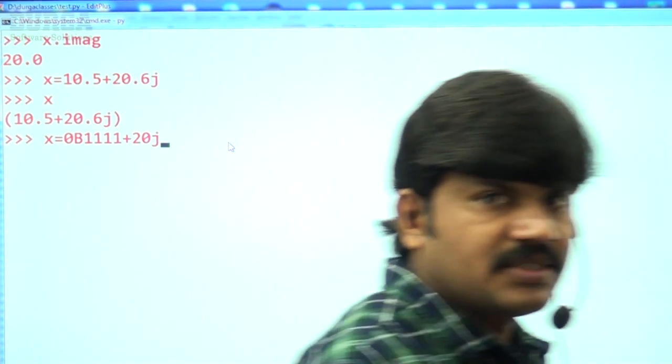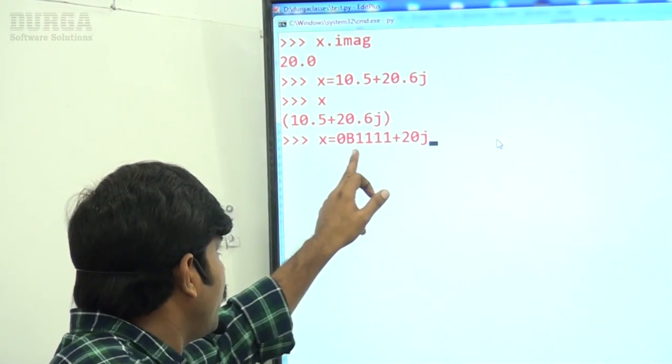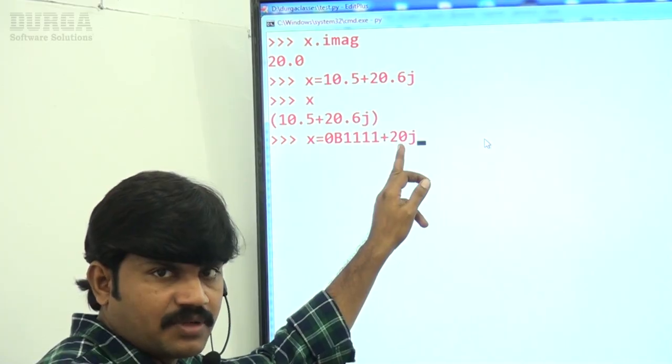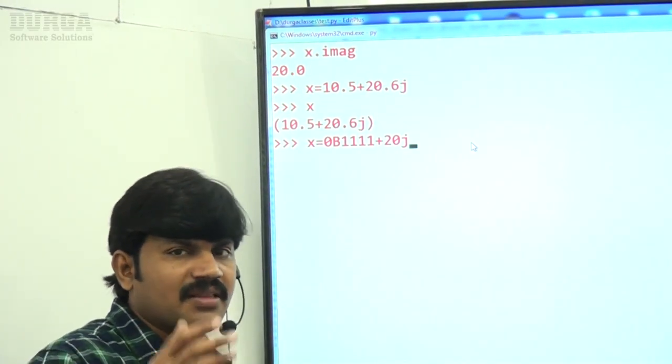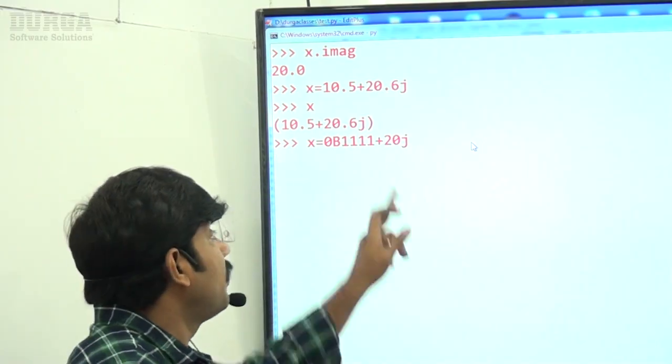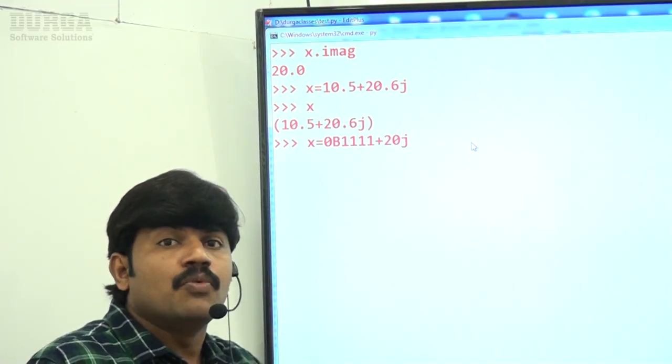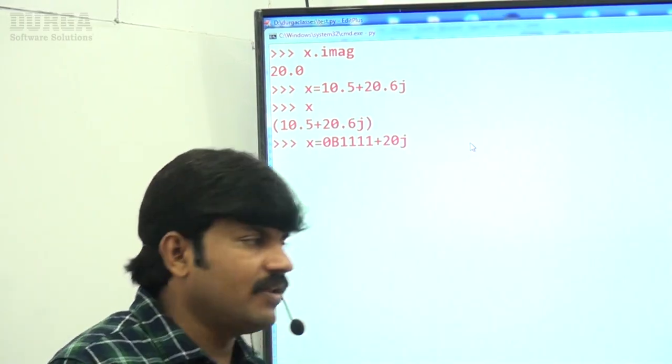Now if I print 10.5 plus 20.6j, acceptable. Then x is equal to 0b1111 plus 20j I am taking, sir. Now in the real part, you can represent binary, octal, hexadecimal, but the imaginary part should be only in decimal form. Correct, right? Have a look once, sir.